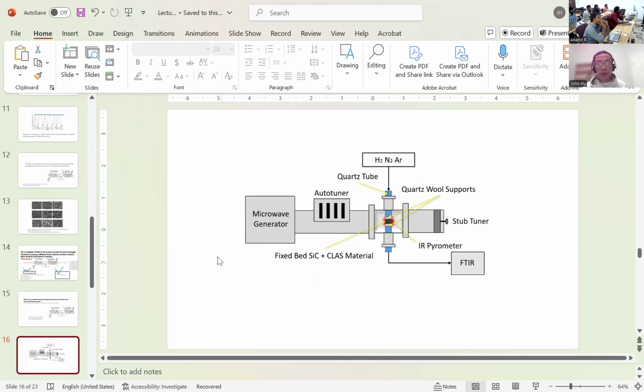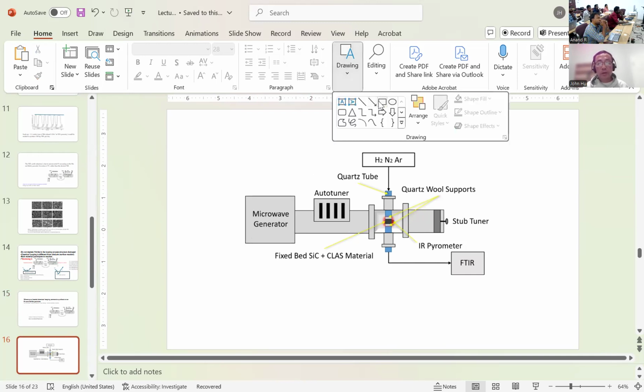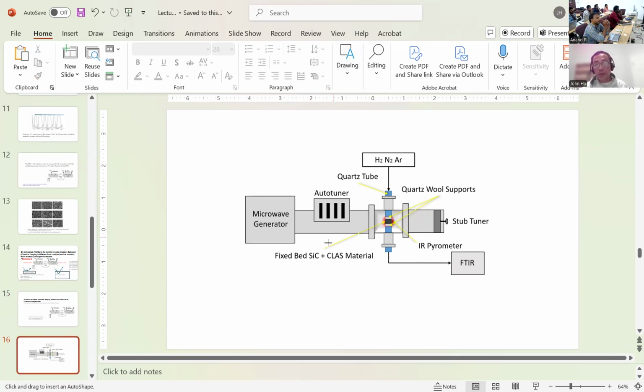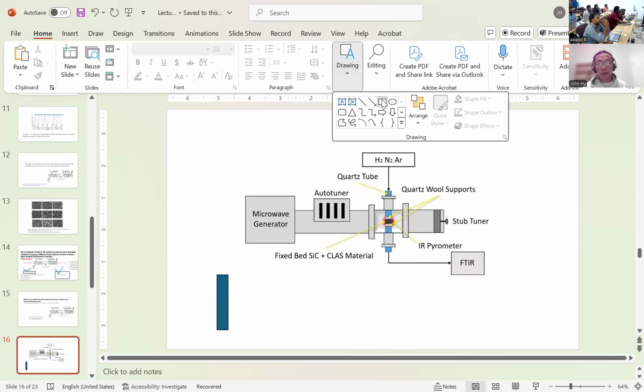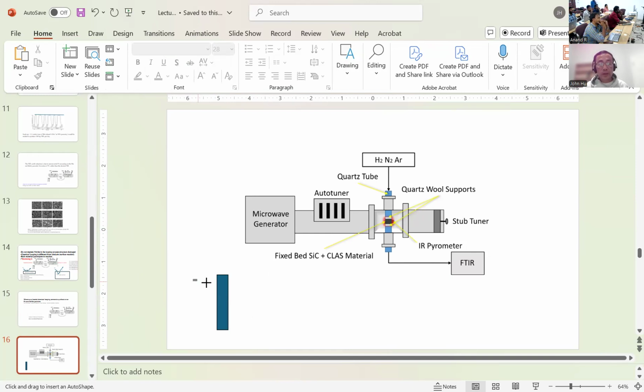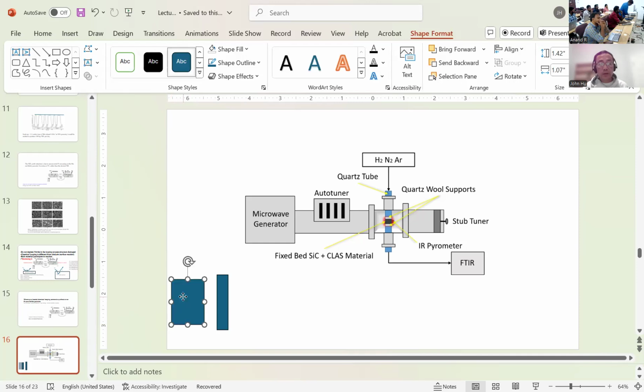And the conventional heating is more like this. You have a tube, but with conventional heating it's basically a furnace.